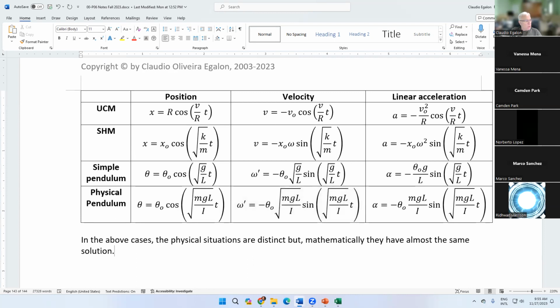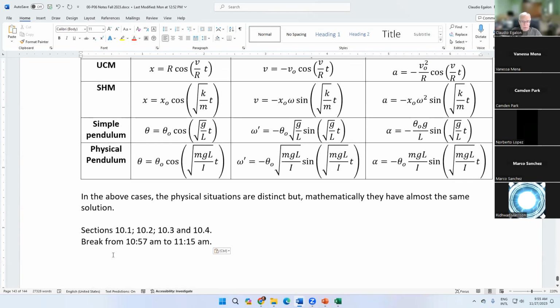And that's what I want to cover for this chapter. We did sections 10.1, 10.2, 10.3, 10.4.